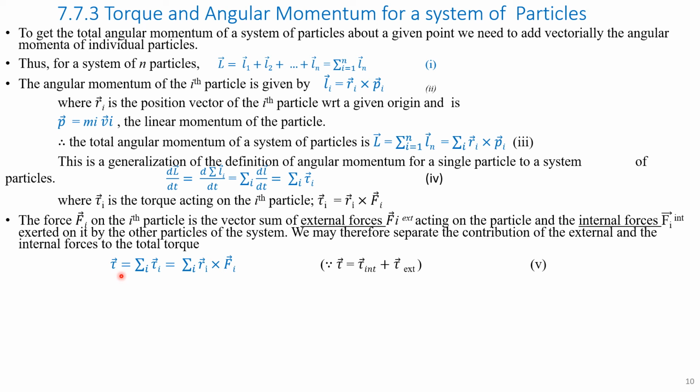The torque itself can be due to internal forces as well as external forces. Here in equation 5, tau internal is equal to the summation over i of Ri cross Fi internal, where F is the internal force, and tau external equals the summation over i of Ri cross Fi external. So the first is due to internal forces and the second is due to external forces.